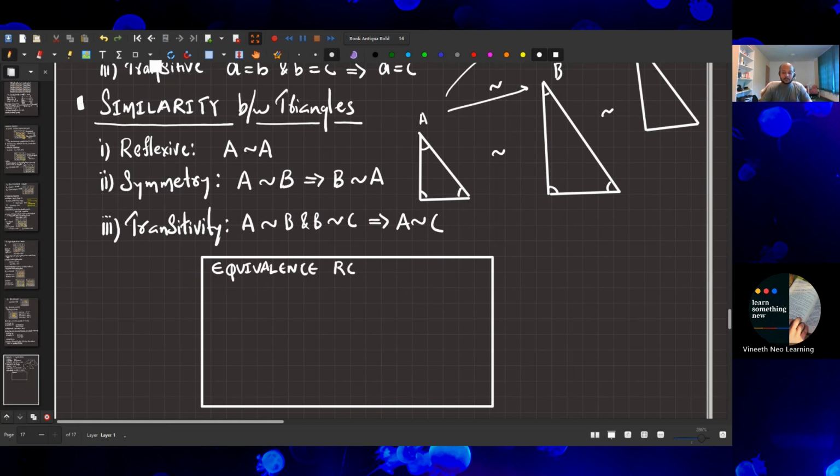One of the equivalence relations is equality, which we are all familiar with. Another equivalence relation is similarity.